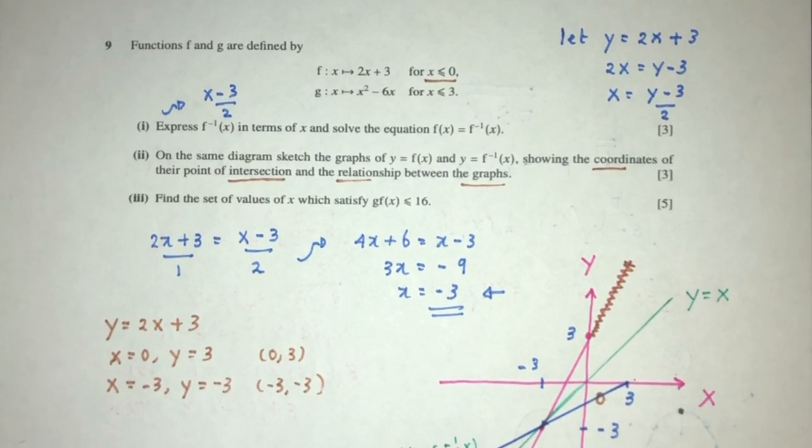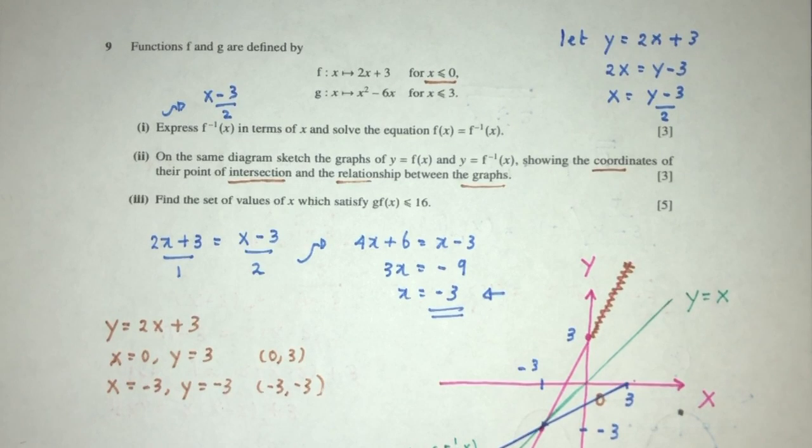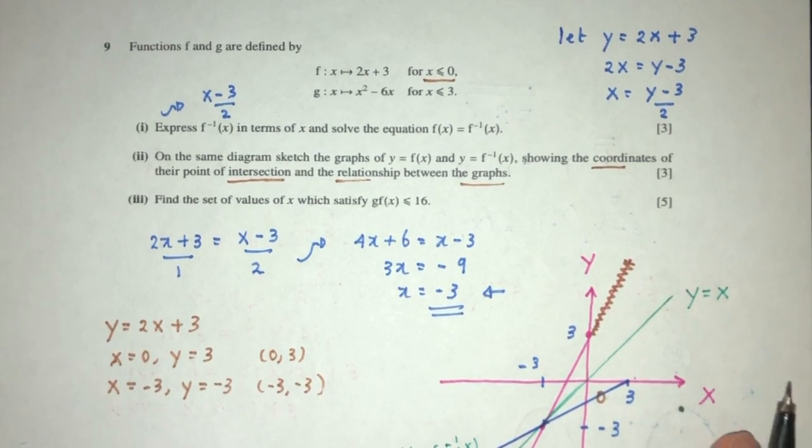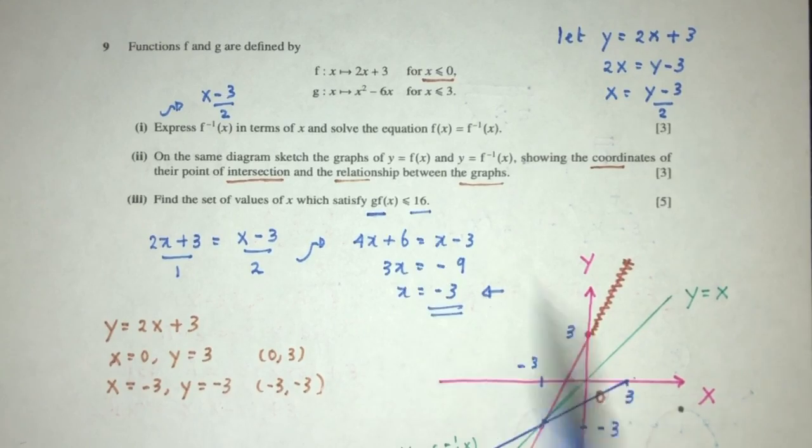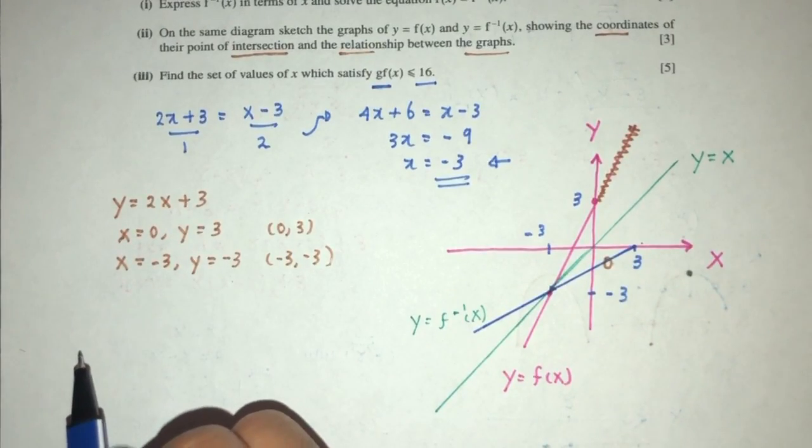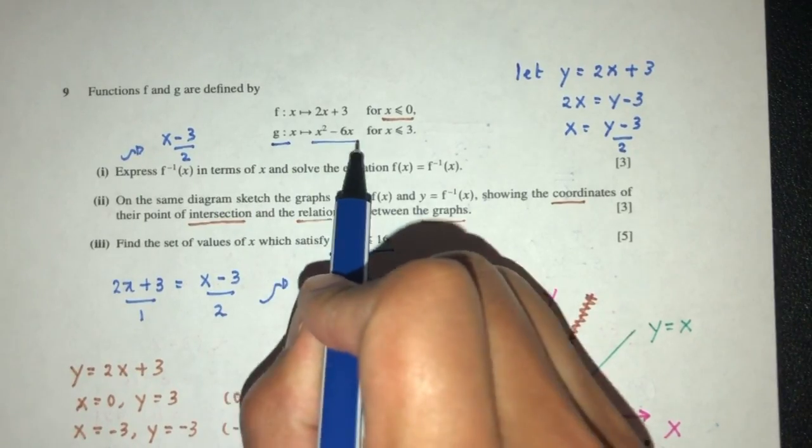Now for part 3, we have to find the set of values for x for which this is true. So let's find out. What is g of f of x? As you can see here, we have g of x is this. So let's replace inside.